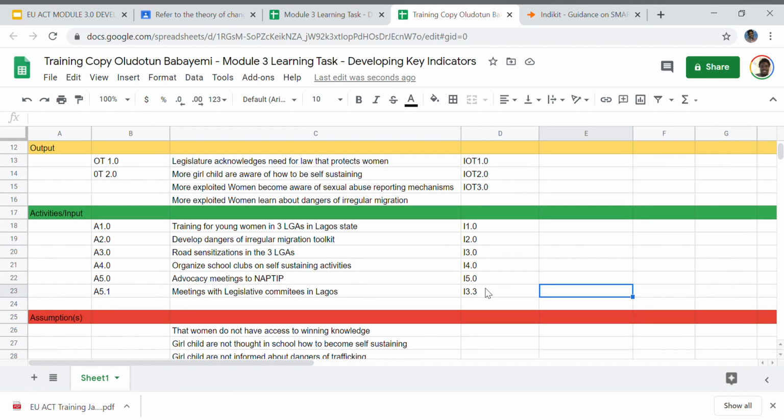So, meetings with legislatives, I would say, number of meetings, right? Number of meetings, advocacy.